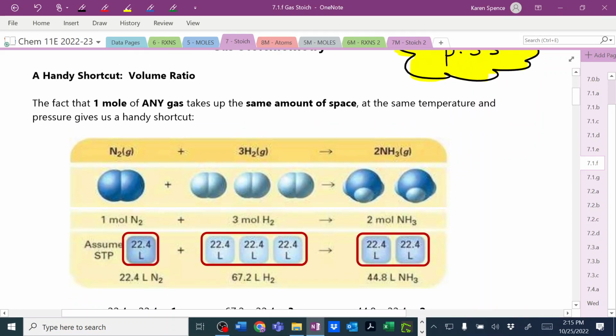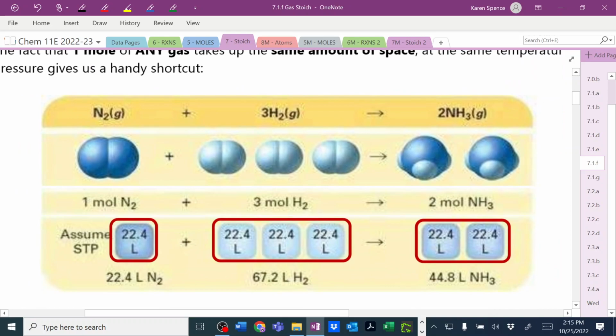So if we have the equation N2 plus 3H2 gives 2 NH3, that means one molecule of the N2 reacts with 3 molecules of the H2 to give 2 molecules of the NH3.